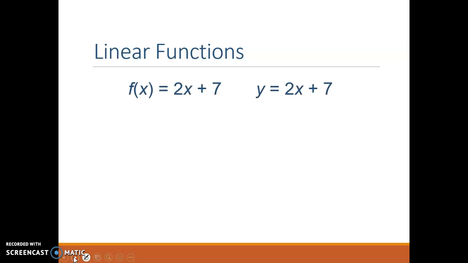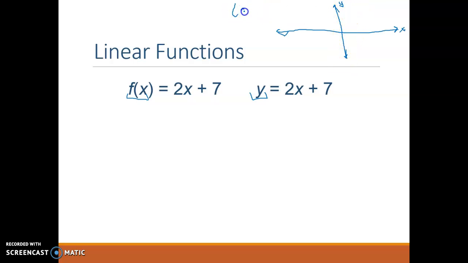Linear functions can be written a couple of different ways. You see here, we have f of x equals 2x plus 7, or y equals 2x plus 7. Y and f of x are the same thing. When we're talking about the coordinate plane, we know that we always graph on the x-axis first, right here. And where we plot our y point depends on, or is a function of, where we plot our x point.